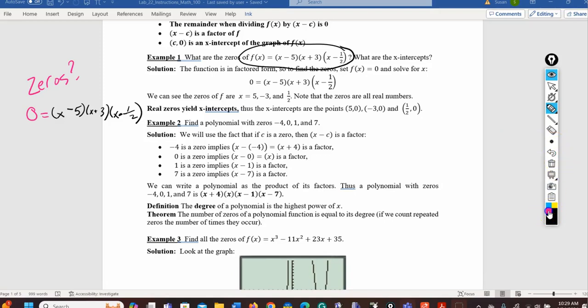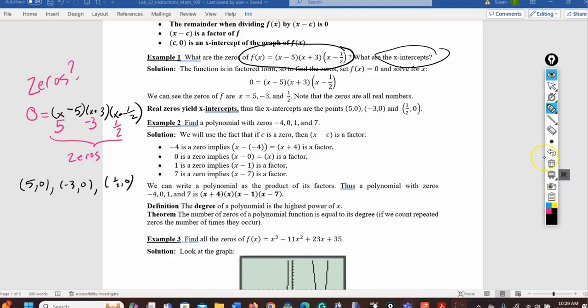And so you can see what would make this equation 0: if x is 5, if x is negative 3, or if x is a half. What I have in red here are the zeros. Now these are real numbers, and so if you have real zeros, they give you x-intercepts. So the x-intercepts are going to be the points 5, 0, negative 3, 0, and a half, 0.